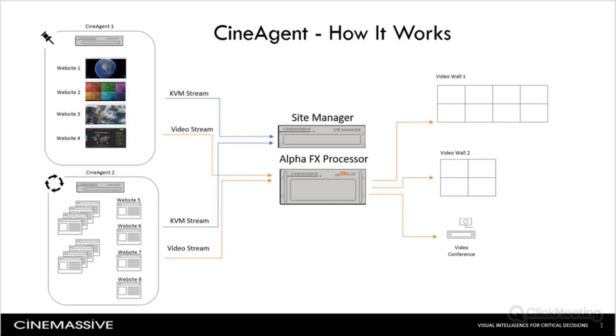So that's the total amount of web applications that each CineAgent node can render at one time, but it does not mean that you are only limited to 4 on the video display. And I have some layouts in the demonstration that can articulate this very well.